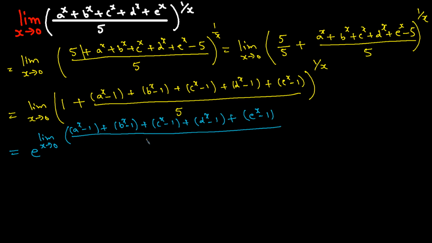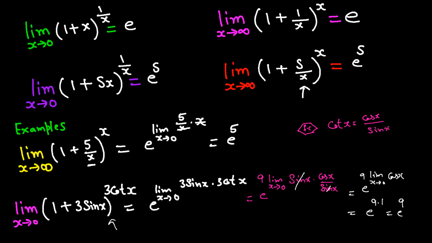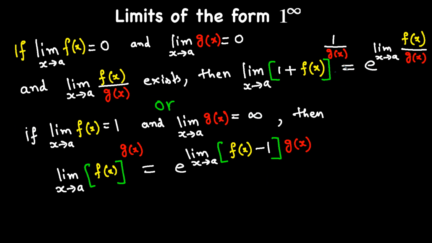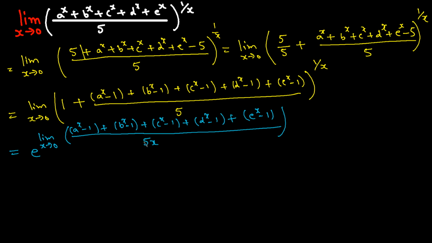Everything, and 5 is already there, and g of x, which is this x, is going to be in the denominator. So let me show you what I'm talking about. So this g of x goes in the denominator. In our case, it is x. Okay, so I wrote it down over here.